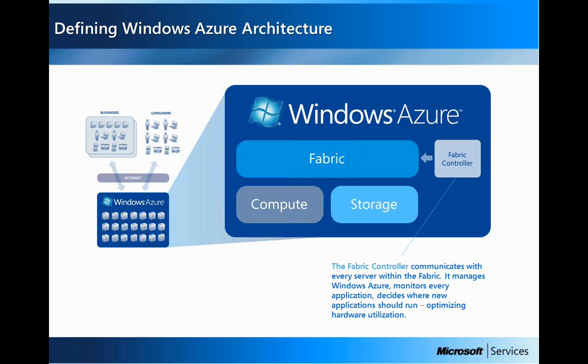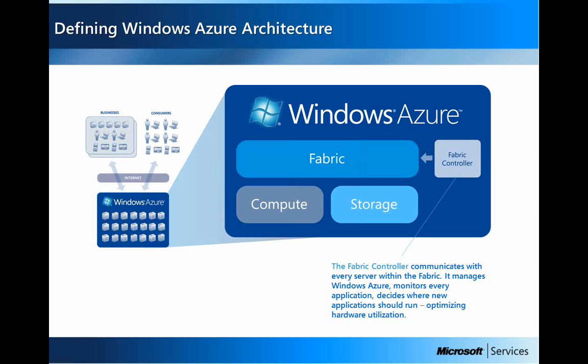Now this Fabric Controller is replicated across a group of 5 to 7 machines, and it owns all of the resources in the fabric. When I'm saying all of the resources, that means computers, switches, load balancer, anything.